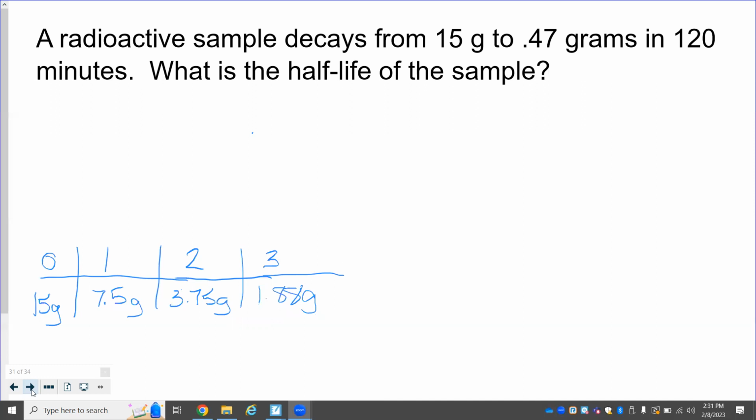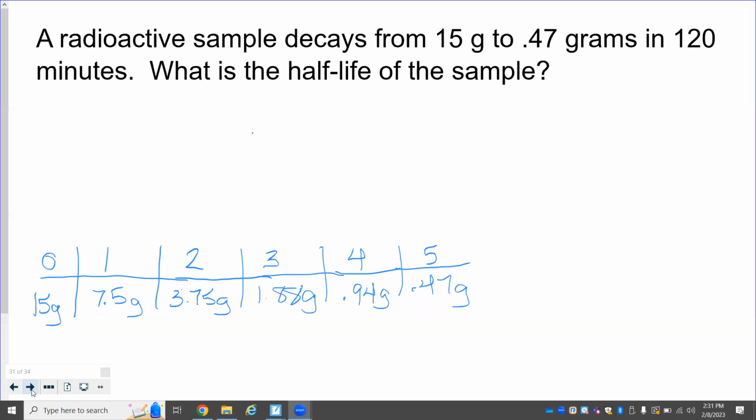We're still not down to the 0.47 grams. So we can cut this in half again, which is going to be 0.94 grams. We're still not down to 0.47, so we can divide by 2 again. And I got 0.47 grams after 5 half-lives.